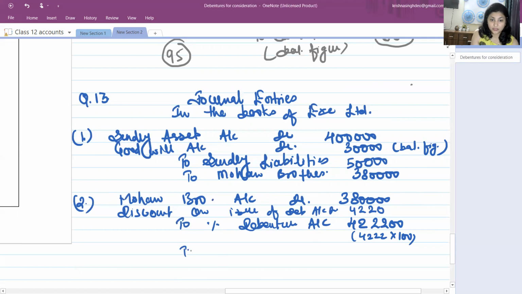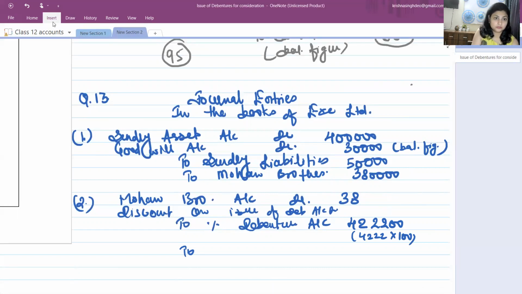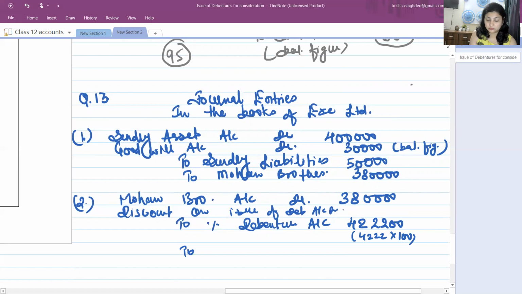Now let us see whether our entries are tallying or not. 3,80,000 on the debit side plus the discount, 4,222 into 10, which is 42,220.